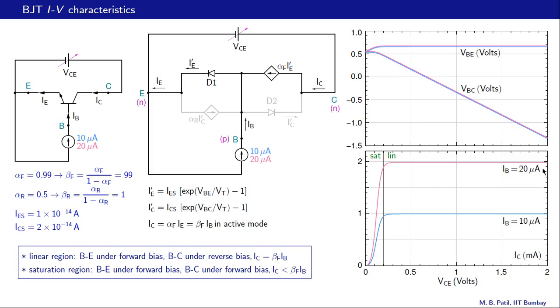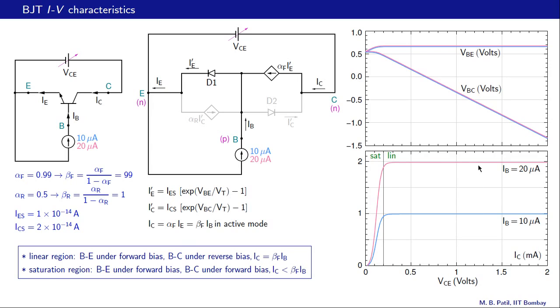That is the IC VCE curve now for 20 microamps, and we see that it has not really changed much in many aspects, except in the linear region IC has become 2 milliamps, approximately 2 milliamps, and for 10 microamps it was about 1 milliamp.